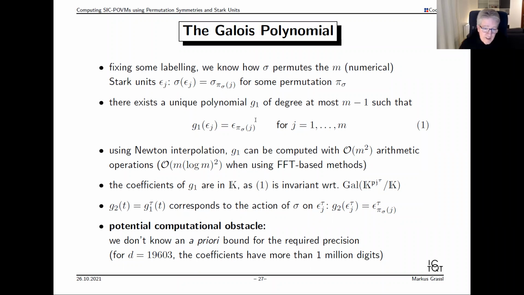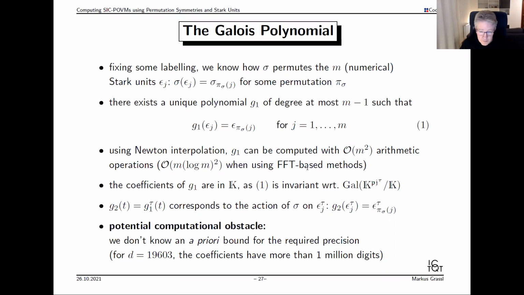And what this reduces to is the problem of polynomial interpolation of m points. What Jean did in his thesis was phrase that in terms of solving a linear system, which, doing it the direct way, has cubic complexity. But it turns out that using Newton interpolation, we only need m squared arithmetic operations.